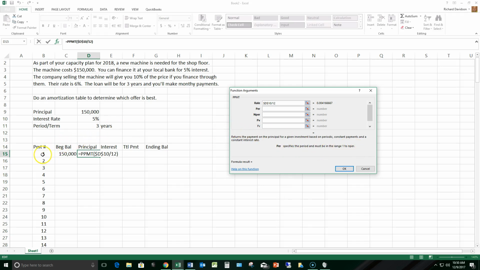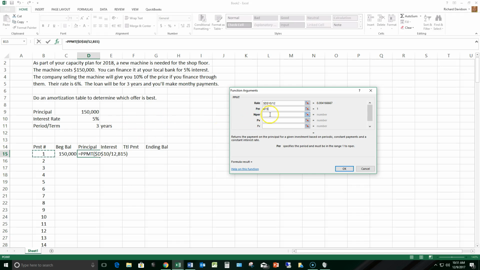In this case, it's this box, because as the payments proceed and as we reduce our balance, our interest goes down. So every payment amount for principal and every payment amount for interest changes by month. The total payment doesn't, but the amount for principal and the amount toward interest does.